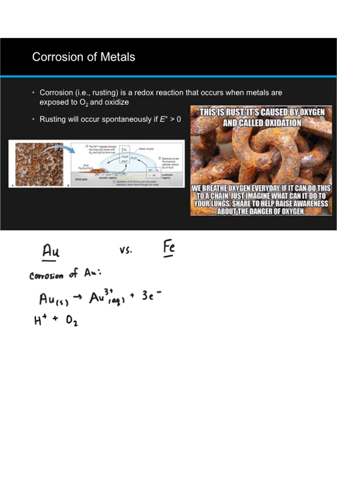H+ could react with oxygen in the atmosphere and use 4 electrons to produce 2 water molecules. Overall, the standard reduction potential for each one of these half reactions can be used to calculate an E cell. Here the E cell is negative 2.76 volts. Because this value of E cell is less than 0, we say that it's not spontaneous for gold to oxidize. So gold's corrosion is not spontaneous.